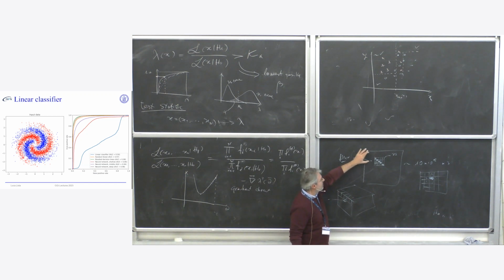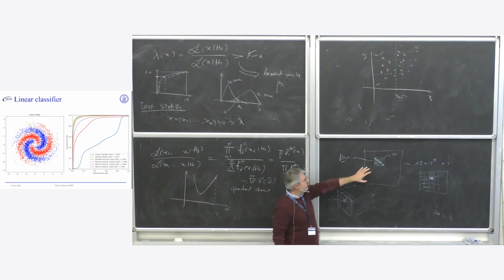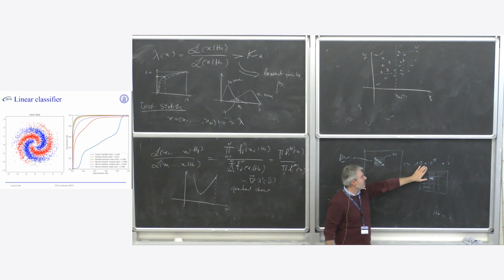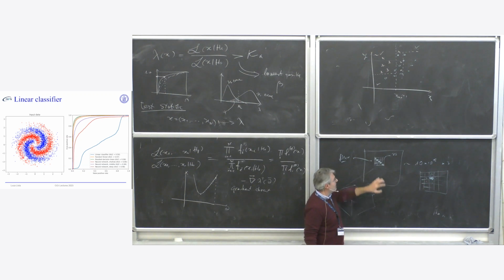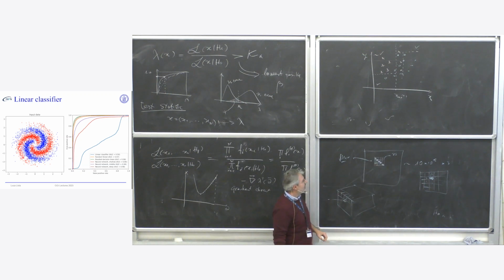And you can move this 5 by 5 kernel or filter to all different places in the image. So you move down from a number of parameters which is very hard to manage to a reasonable number of parameters.